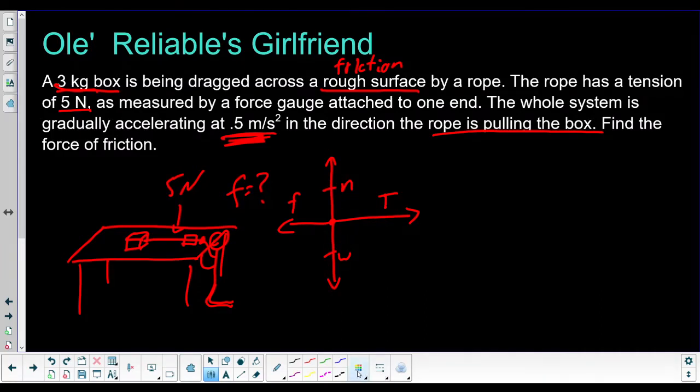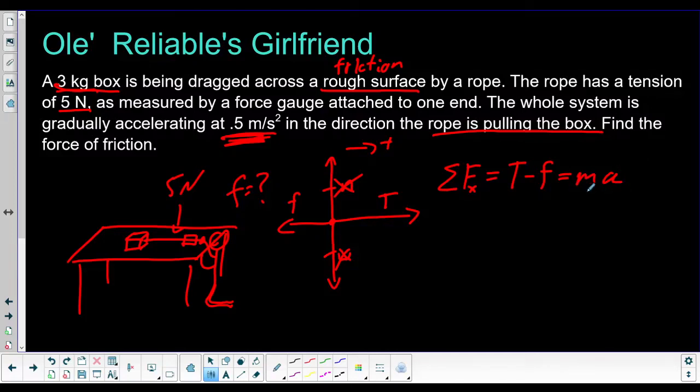Let's go ahead and write our sum of forces equation. So sum of forces in the x direction. We're ignoring weight and normal force because those are boring and they're just balancing. So in the x direction, let's make to the right positive. So we have tension minus friction equals mass times acceleration.